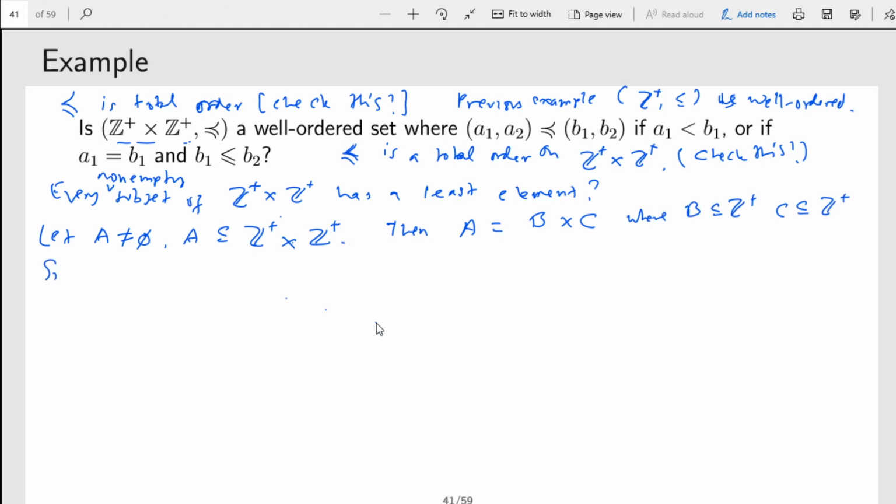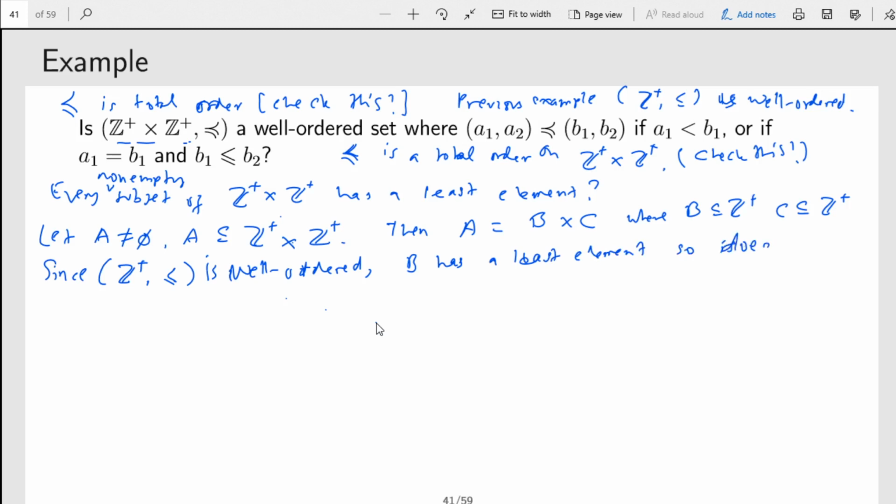Now since the set of positive integers and this relation is well ordered, by definition of a well-ordered set, we know that B has a least element, and so does C. So both B and C have a least element.